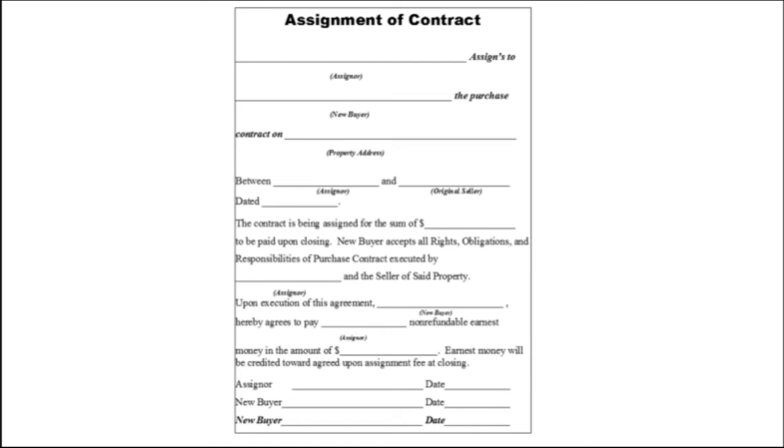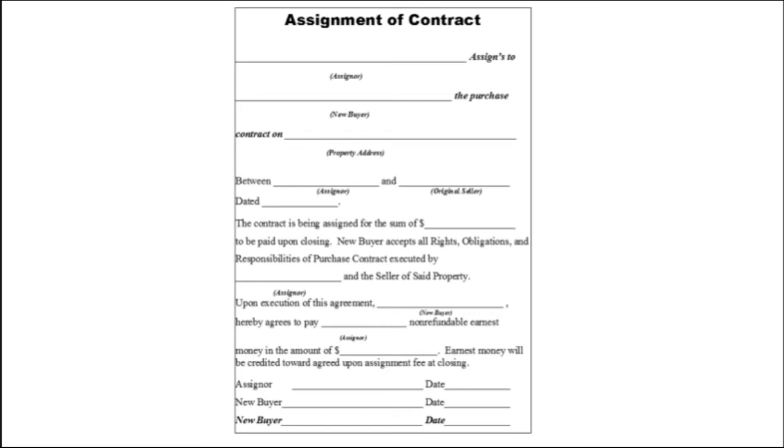And you then have the property information, and you put the assignor and the original seller in there, the date, the contract's being assigned for the sum of, if we agree on $15,000, and you just fill out the rest of the paperwork. It's a very straightforward, simple document.